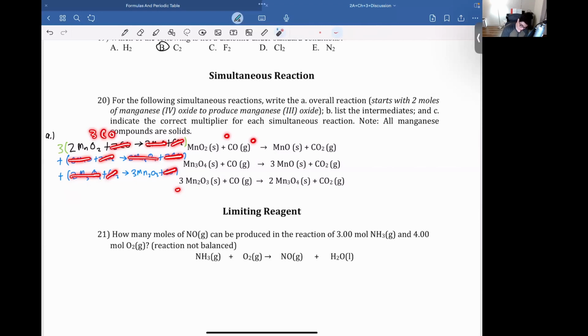So overall, my net reaction should be, when you cancel everything out and multiply it all, 6MnO2 plus, I believe it's 3 CO is what I said, right?